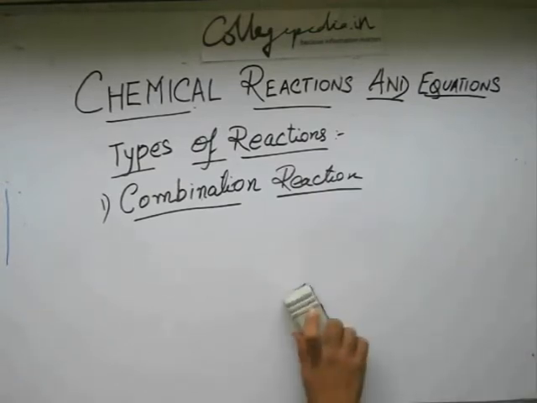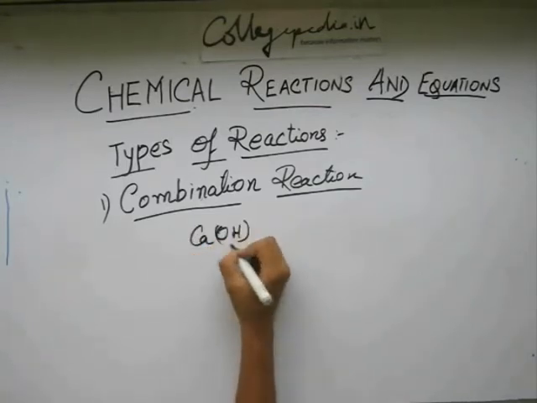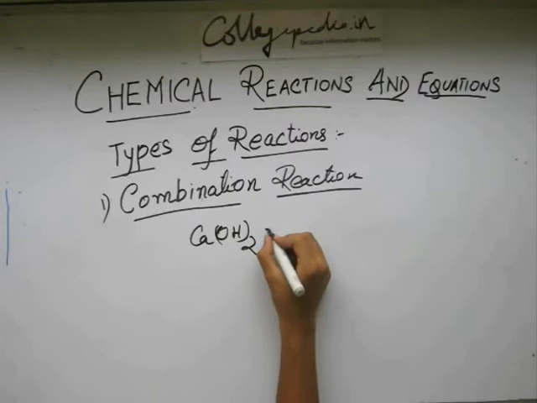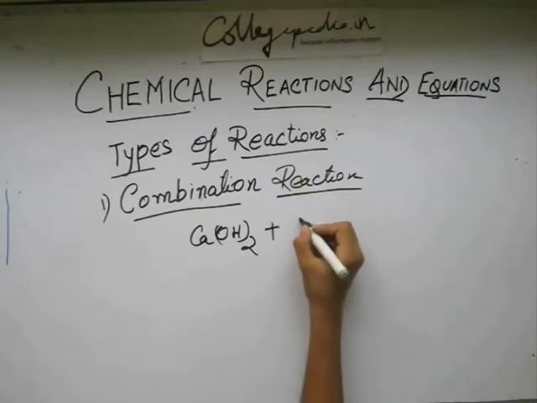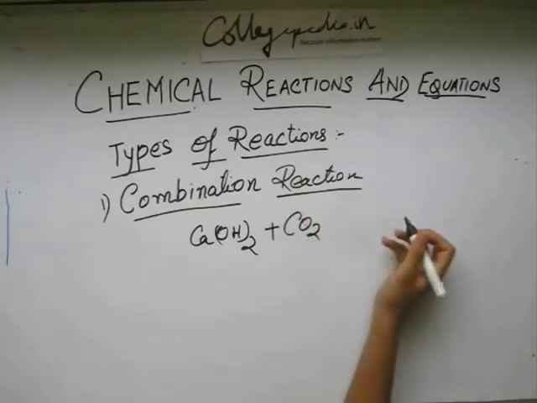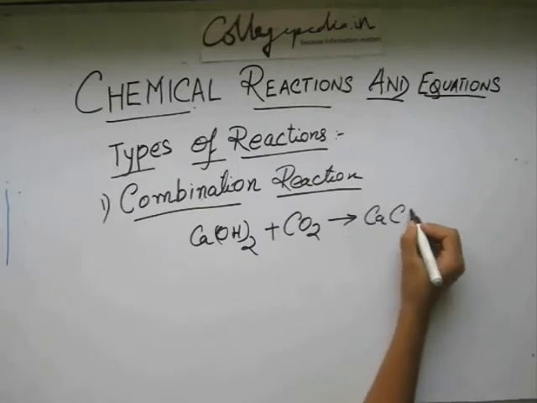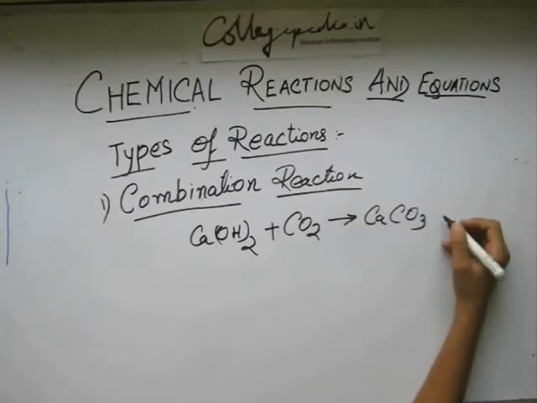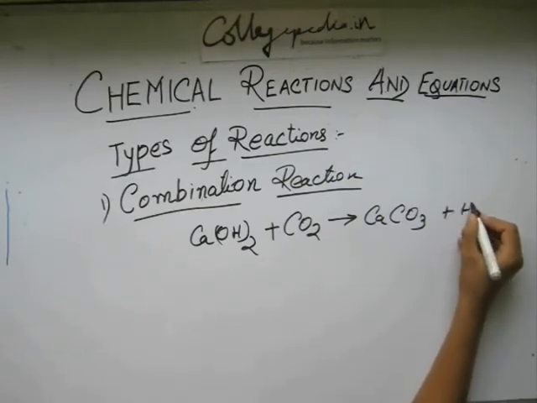This calcium hydroxide, if you keep it on the walls, after some time it will start reacting with the carbon dioxide in the air and it will form calcium carbonate and water.